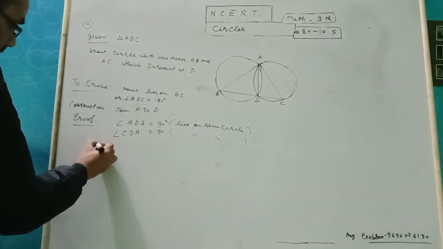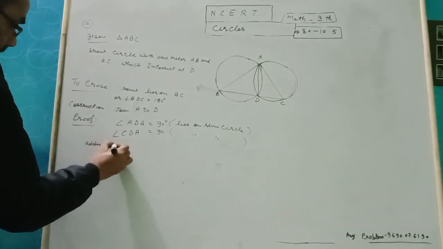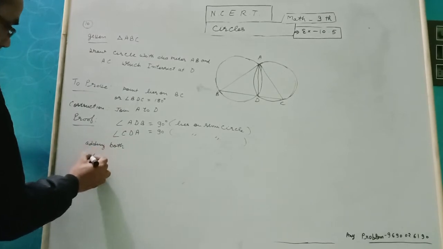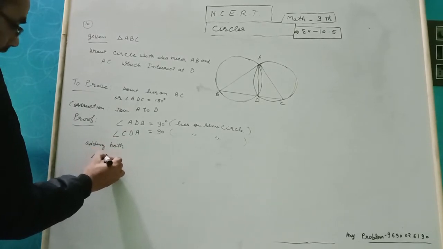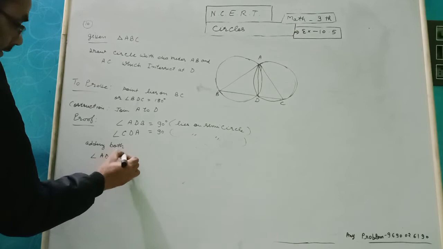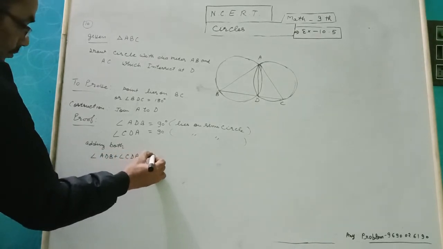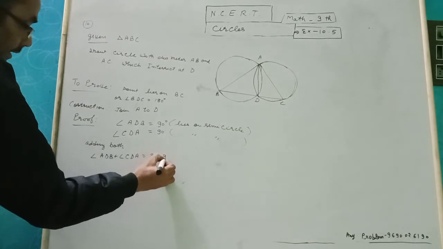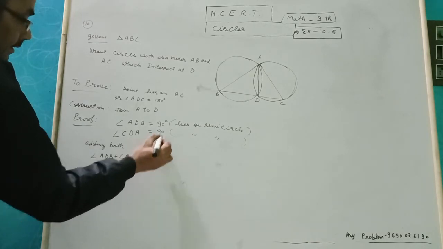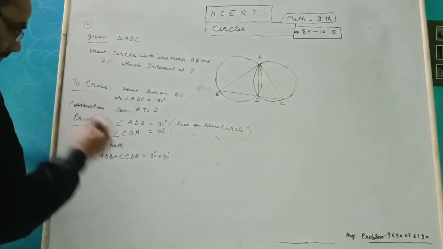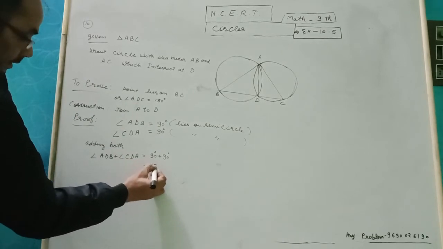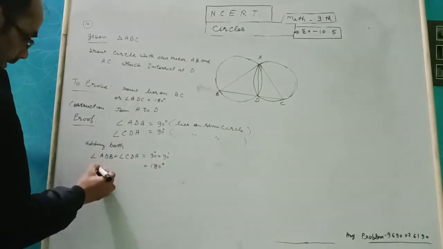Adding both, angle ADB plus angle CDA is equal to 90 plus 90, which is equal to 180.